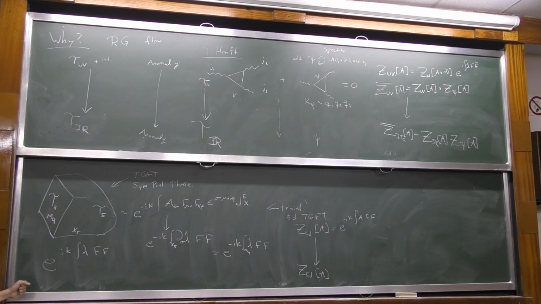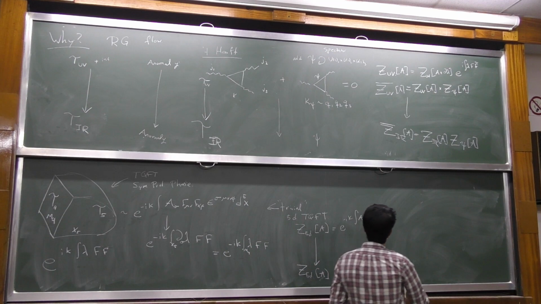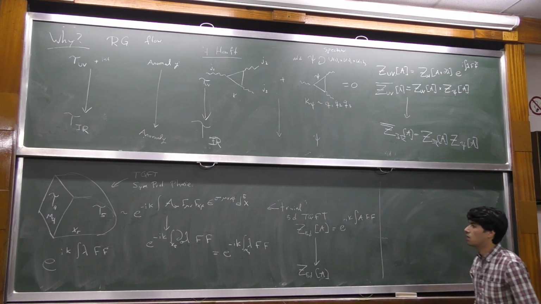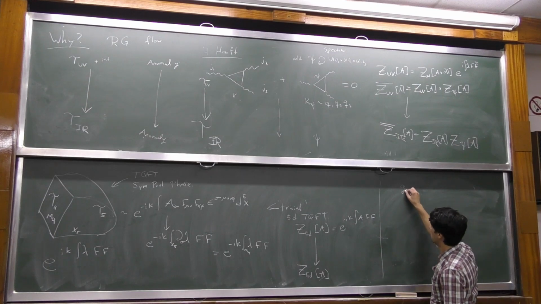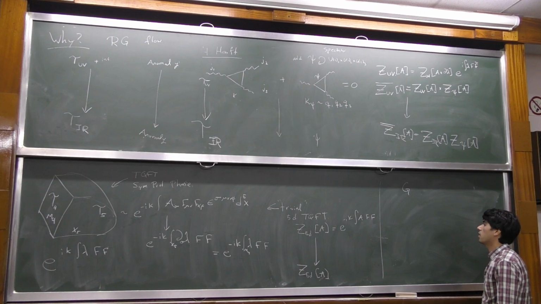Cool. Great. So you said there being anomalies means that the symmetries are realized projectively. What do you mean by that? Projectively where? Oh, yeah. Good. So a projective representation. Say you have a group G, and you want to define a projective representation.